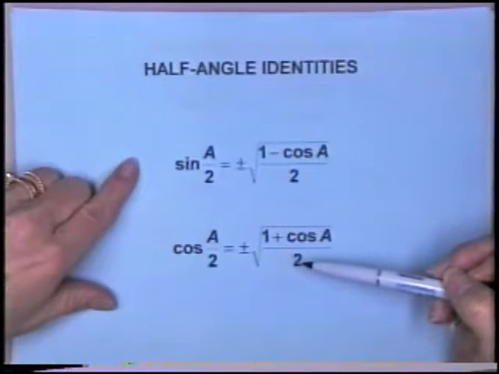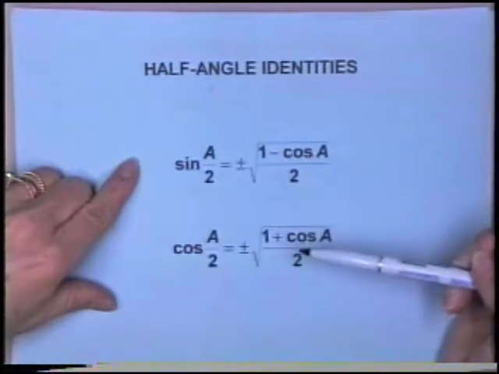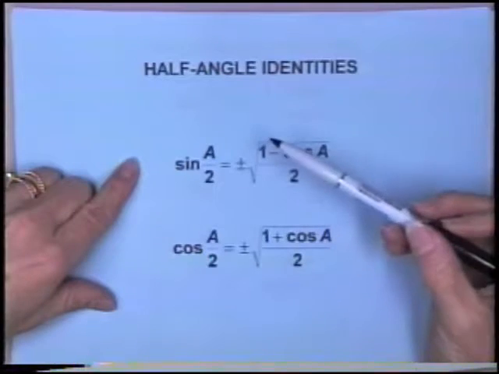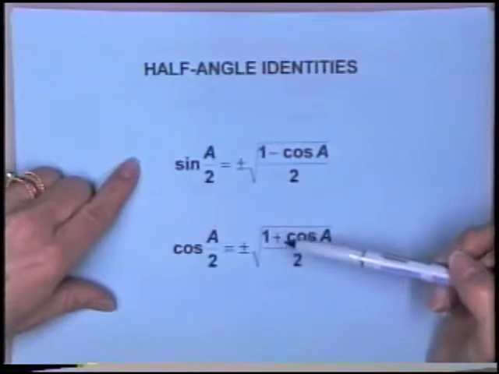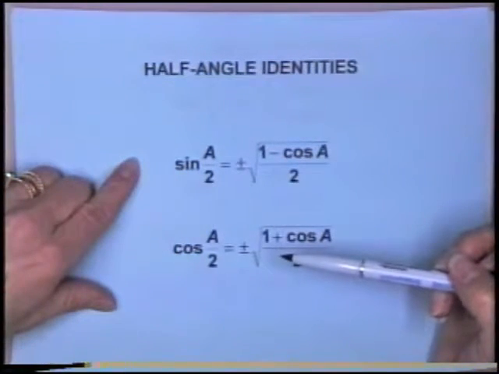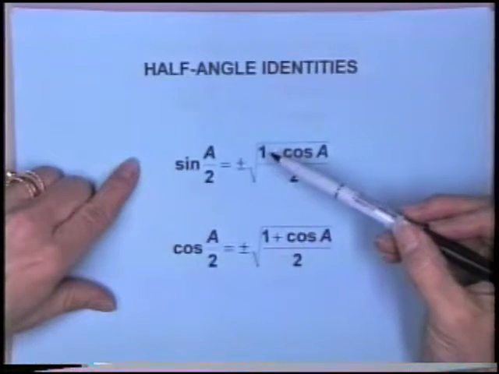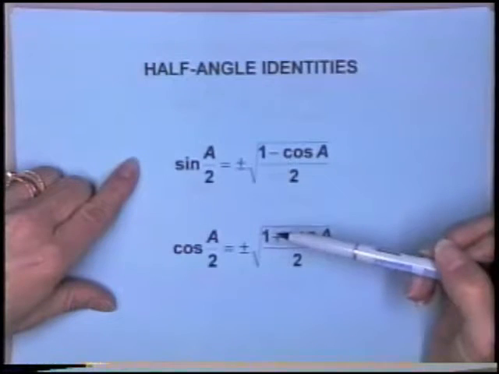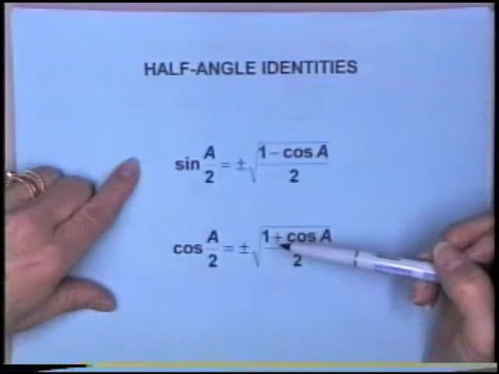Now, the nice thing about these identities is that they're exactly alike except for the sign that you see right here. So you sort of learn these together, and then it's just a matter of remembering which one do you say 1 subtract and which one do you say 1 plus.